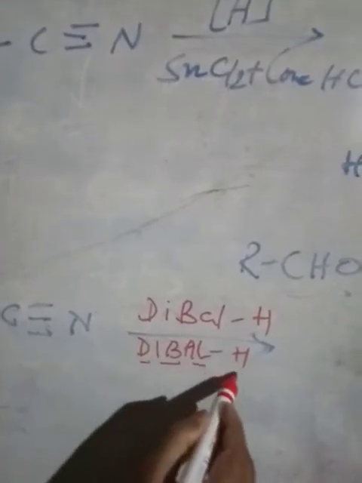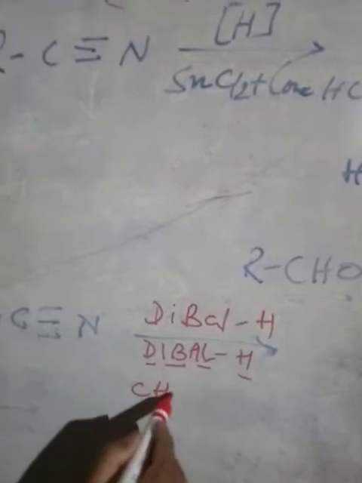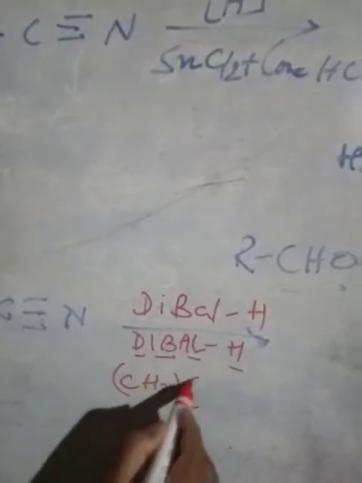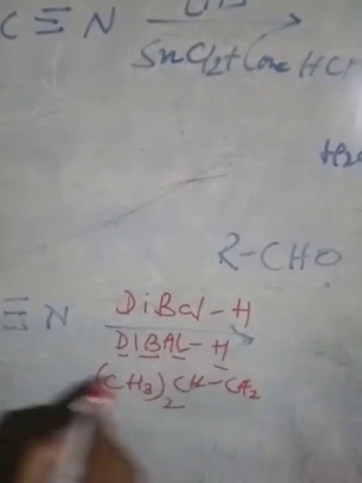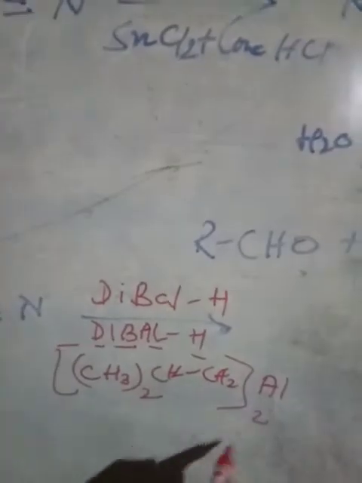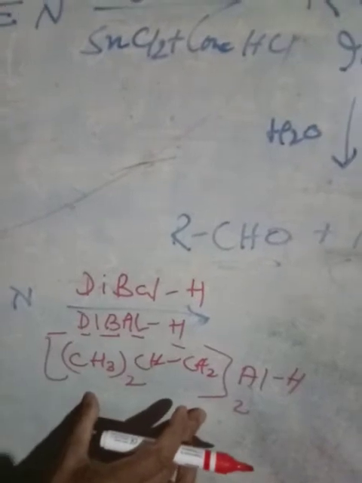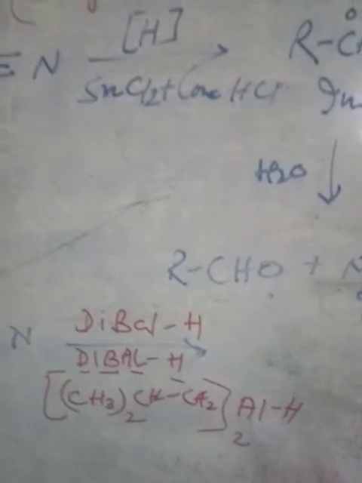Diisobutyl aluminum hydride, (CH3)2CHCH2, two of these groups on aluminum and then H. Aluminum is trivalent, two valencies with isobutyl groups, and there is another valency.